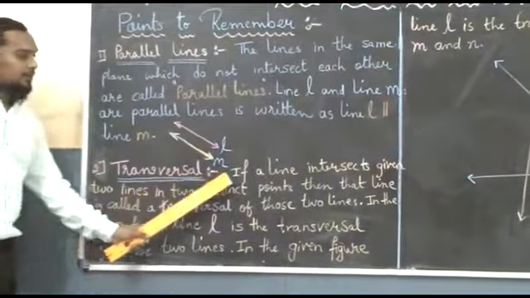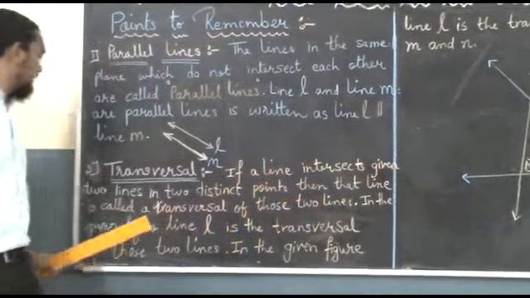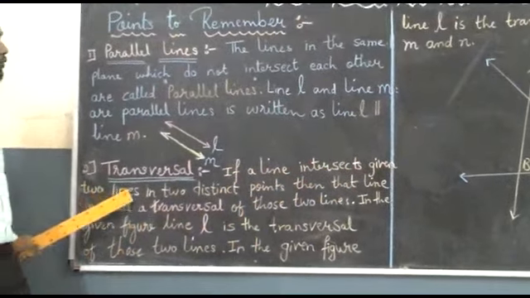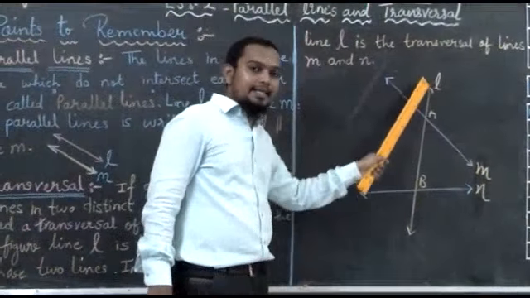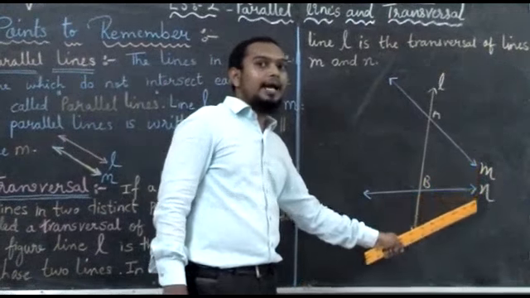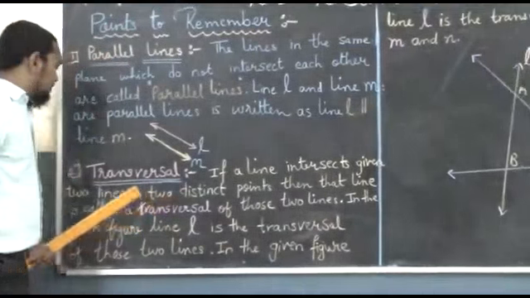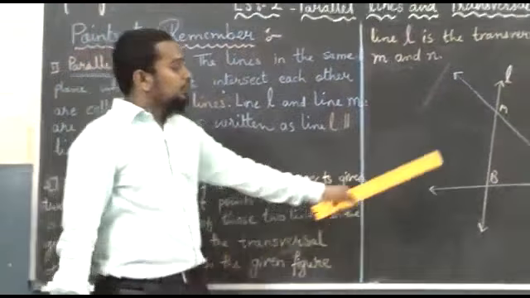Here, transversal: if a line intersects the given two lines, this is an intersecting line. Line L intersects the given two lines M and N in two distinct points.